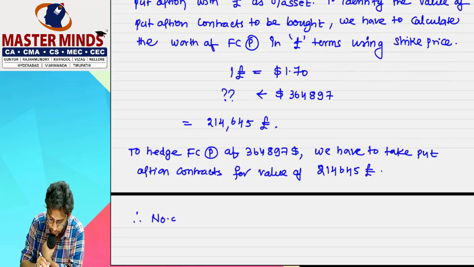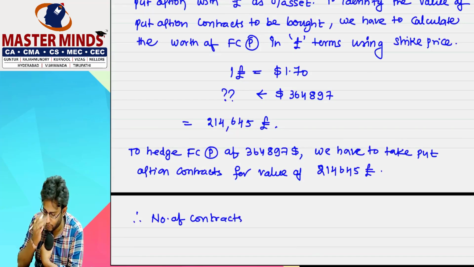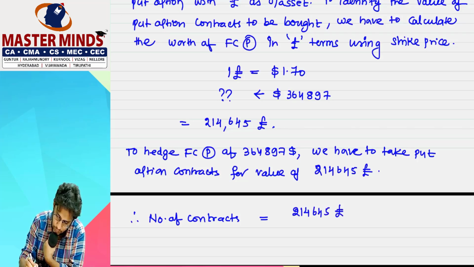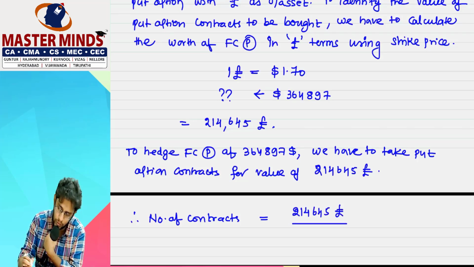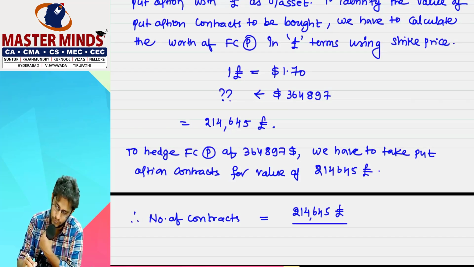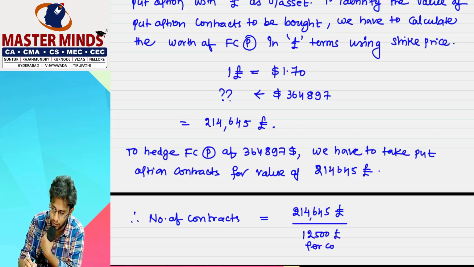Therefore, the number of contracts is £214,645 divided by 12,500 pounds per contract.